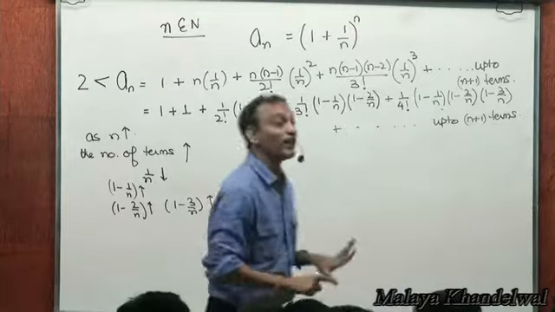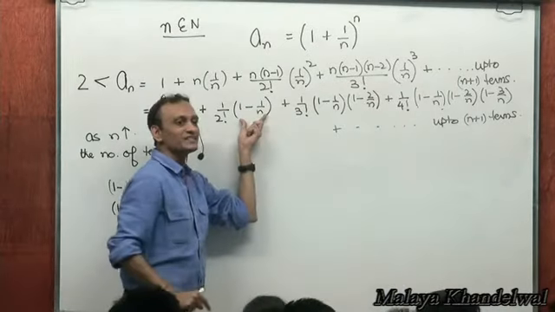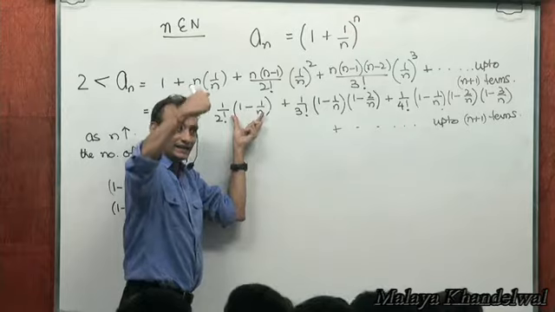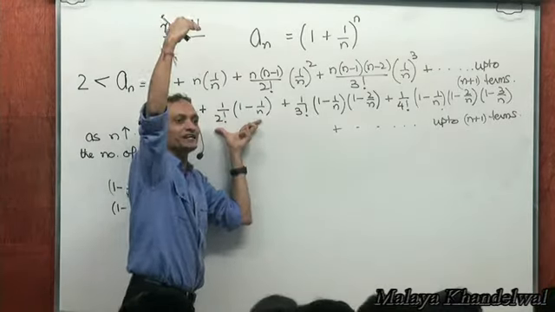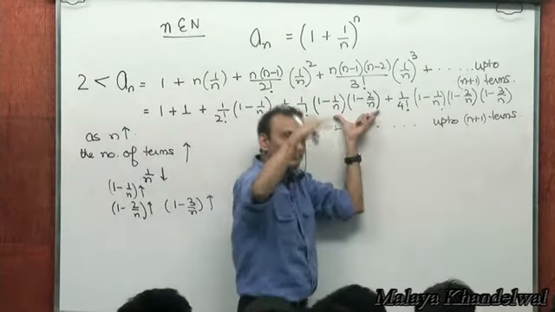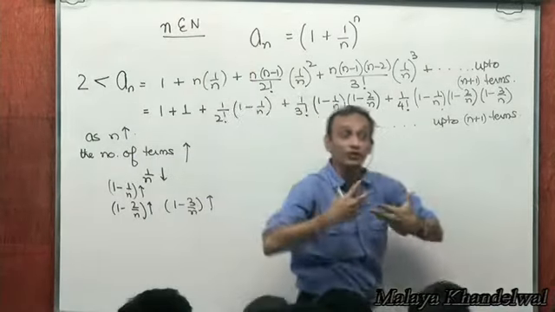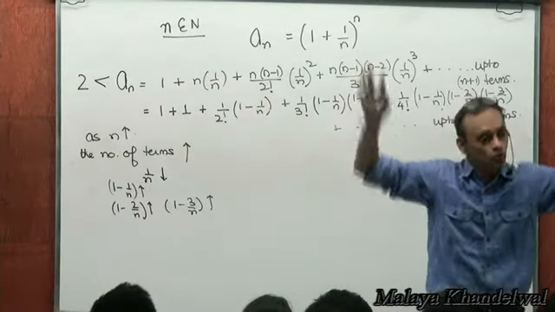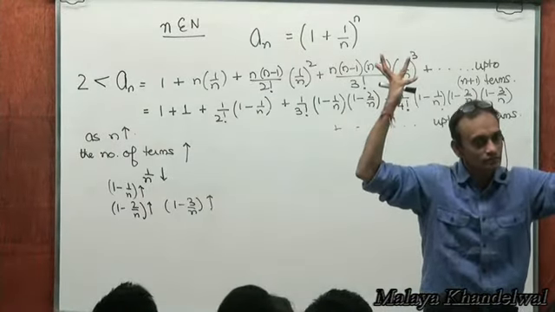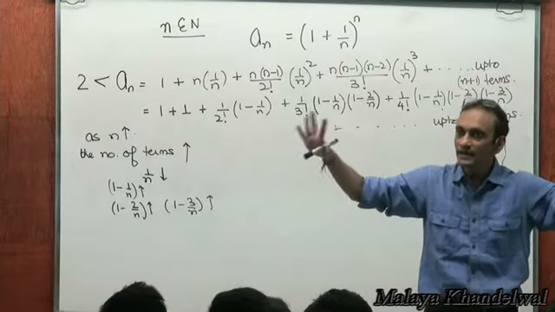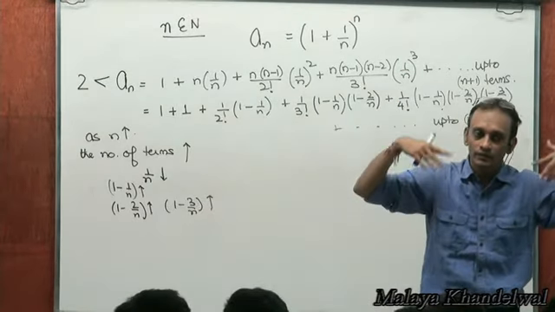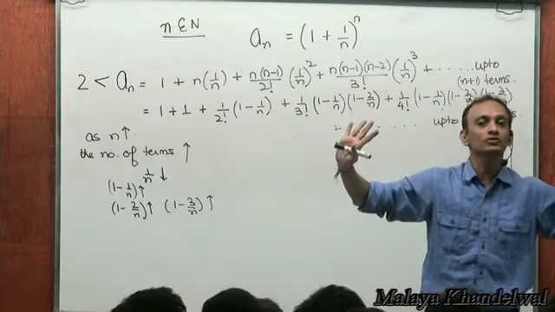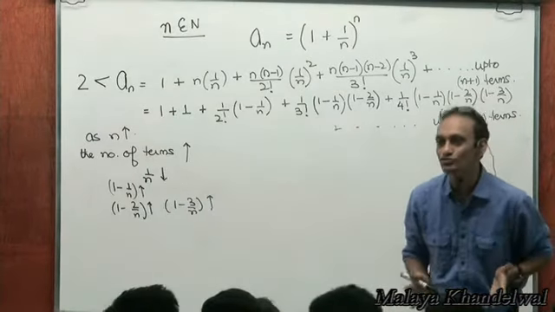Now, what about the value of each term? 1 by n will decrease, but 1 minus 1 by n will increase. So this term increases as n increases. This term will also increase as n increases. So the value of each term is increasing, and also the total number of terms is increasing. So an must be increasing, isn't it? If you increase n, then the value of every term is increasing and the number of terms is also increasing. So an is increasing. Have I confused you?